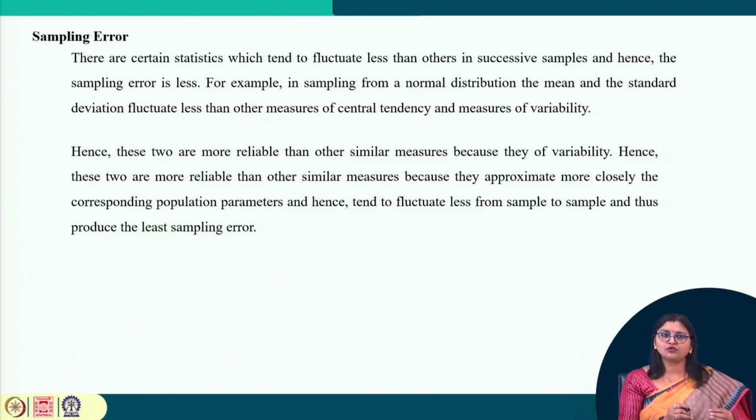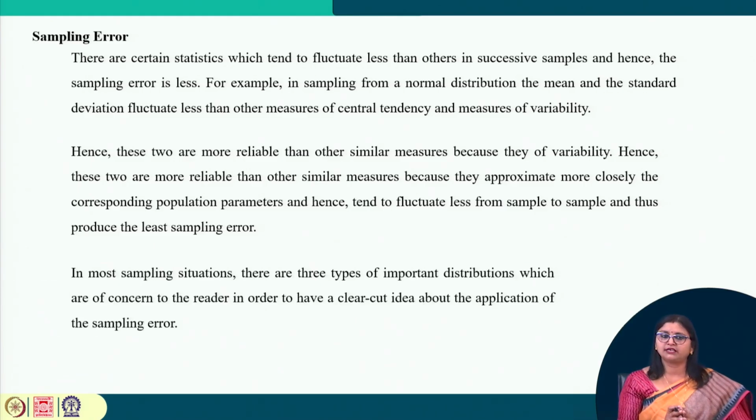Hence, these two are more reliable than other similar measures, because they approximate more closely to the corresponding population parameter, and hence tend to fluctuate less from sample to sample, and thus produce the least sampling error. This whole content is from AK Singh.